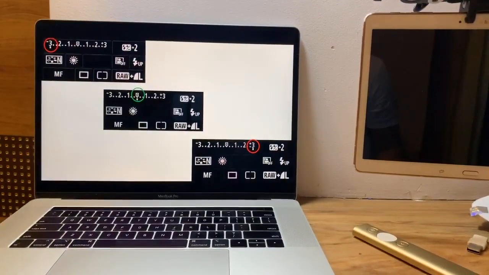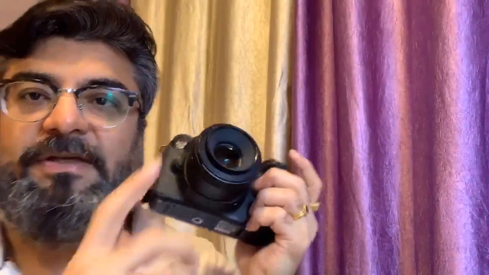Okay, so where metering is going to be taking place is depending upon where my lens is pointing at. This also depends upon the color of your subject. Suppose if there are two Mayurs in front of you, one is wearing a white t-shirt and one is wearing a black t-shirt.